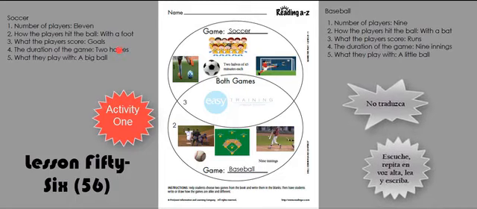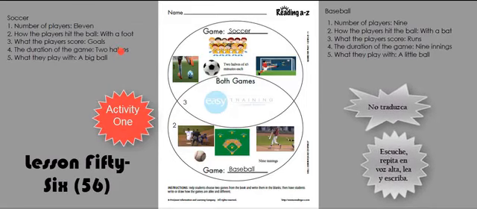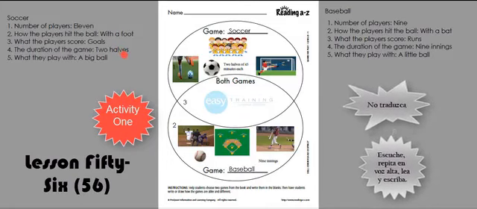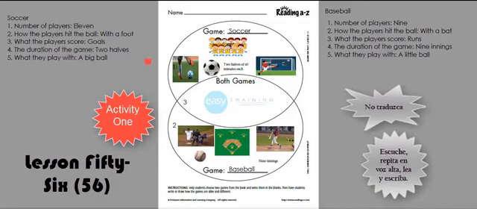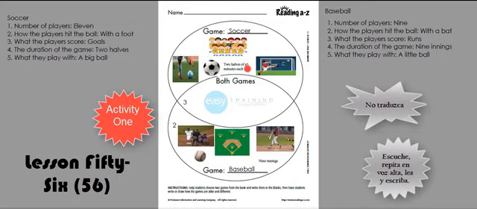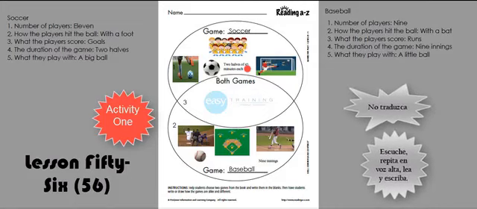Item number 4, the duration of the game. A soccer game lasts for 90 minutes. Y los 90 minutes están divididos en dos halves. Two halves, cada uno de 45 minutes. So in total, a soccer game lasts for 90 minutes.